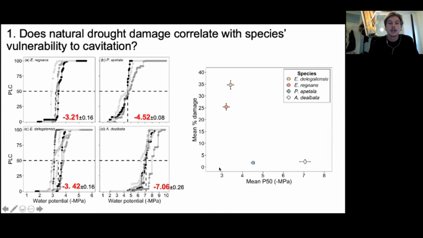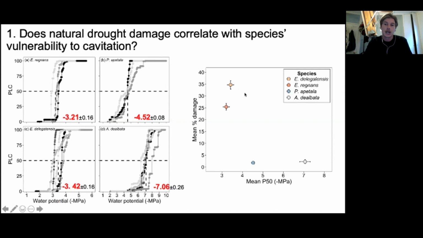So this P50 trait and vulnerability to cavitation did correctly identify that the two eucalypts should be most susceptible to drought damage, which we saw. But we also saw that delegatensis suffered a significantly higher level of damage than Eucalyptus regnans, when it was actually slightly more resistant to embolism.